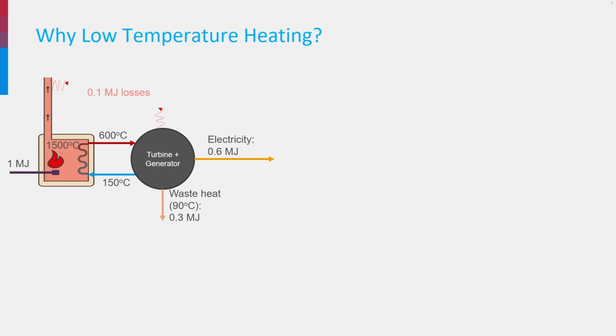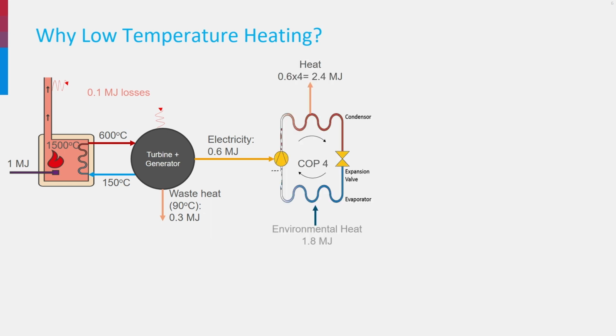1 megajoule of fuel will produce 0.6 megajoule electricity and 0.3 megajoule waste heat. If you use the electricity to power a heat pump of COP4, you will get 2.4 megajoule of heat, so the total heat production amounts to 2.7 megajoule.